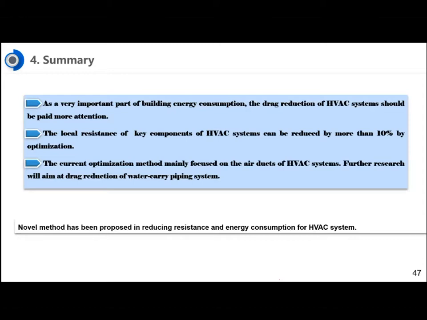The current optimization method merely focused on the air ducts or air pipes of HVAC systems. Further research will be aimed at the drag reduction of water carrier piping systems. The method has been proposed to reduce resistance and energy consumption for heating, ventilation, and air conditioning systems.